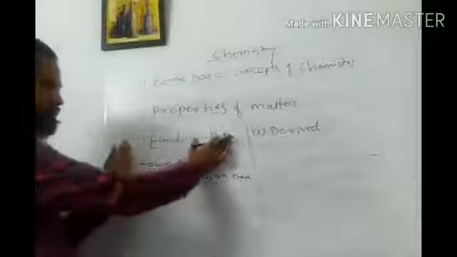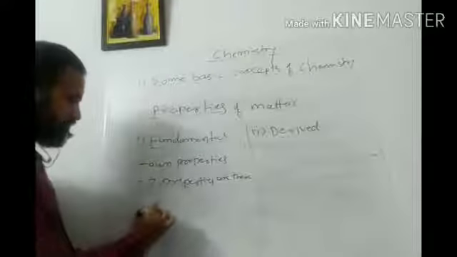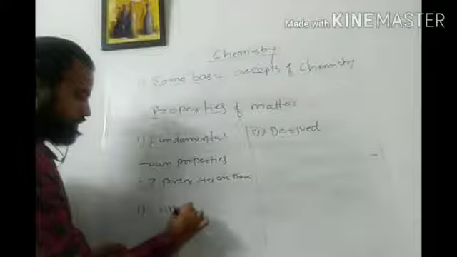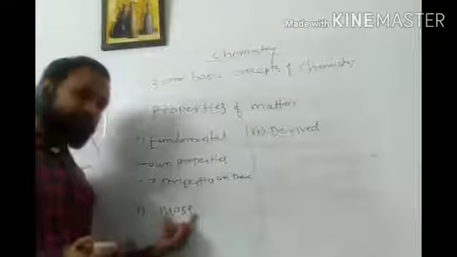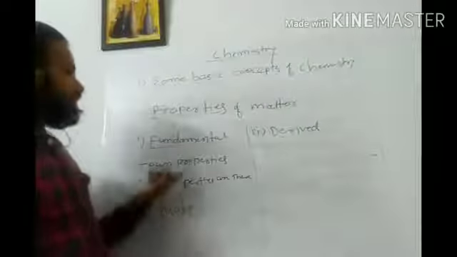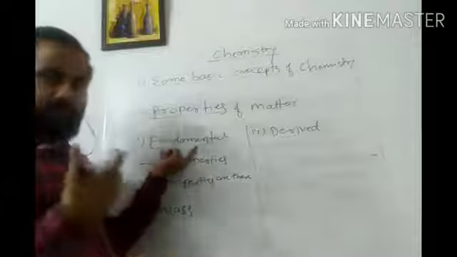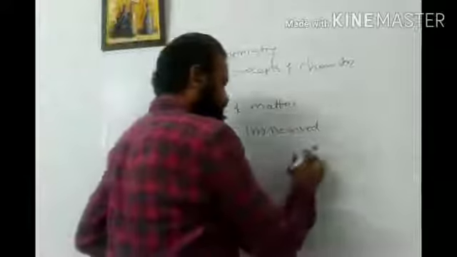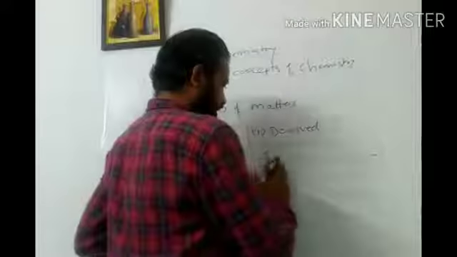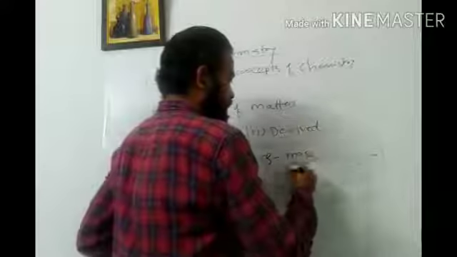Mass is a fundamental property, meaning mass is the own property of the matter. Now let us say density is equal to mass per unit volume.